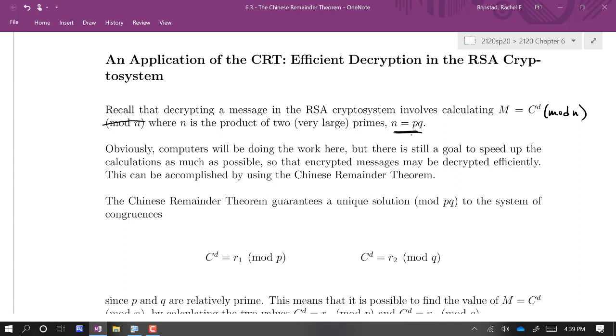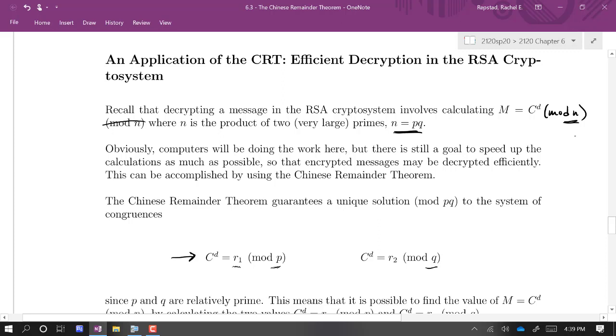Now, the Chinese remainder theorem says that if I look at this system of equations, where c to the d is equal to some value r1 mod p, just the prime p, and c to the d is r2 mod q, then there is a solution that is unique mod their product, that is, unique mod n.